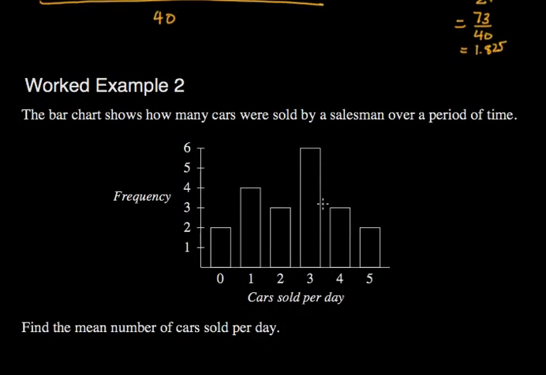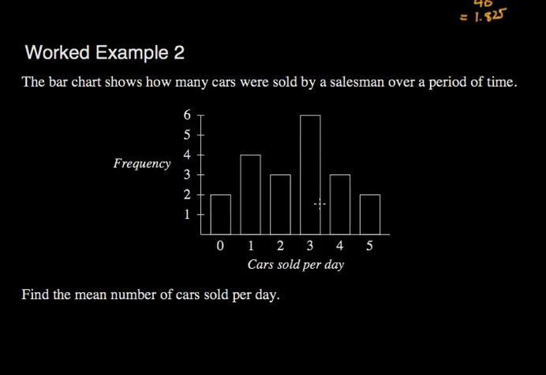Okay, we will have a quick look at example 2, and then I'll start a new video for example 3. Here we have to find the mean number of cars, but it's not shown as a table anymore, it's shown as a chart. So we need to try to find out what this means in the same sort of format that we saw before.